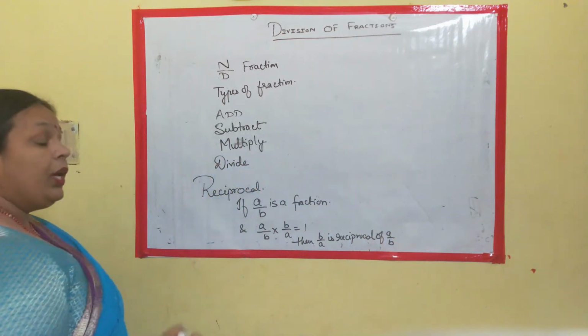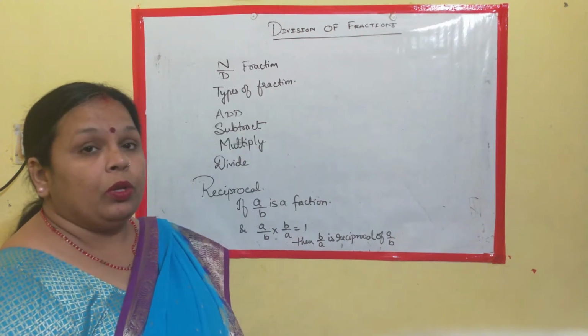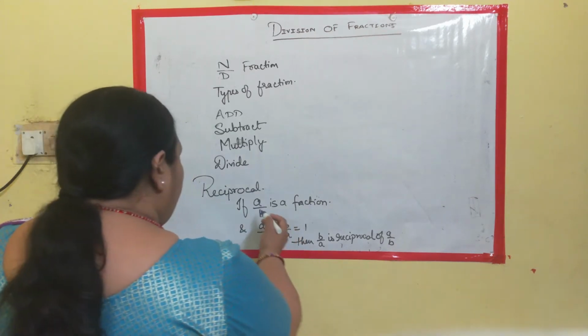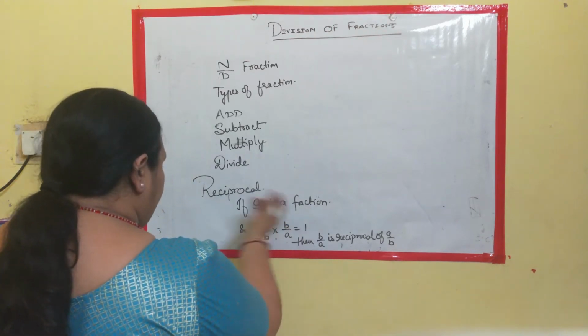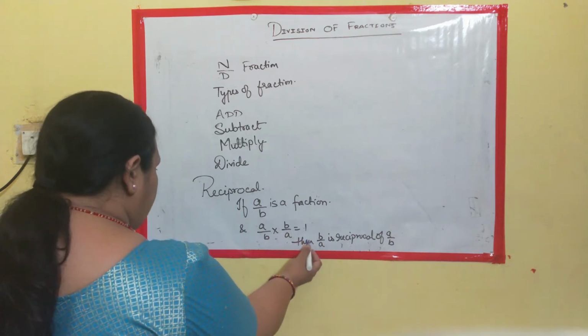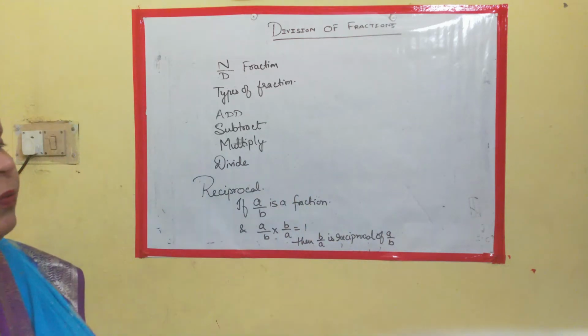Clear? Including the sign also, we consider the reciprocal. Let's see again what a reciprocal is. A fraction a by b, and a by b into b by a is equal to 1, then b by a is called the reciprocal of the fraction.